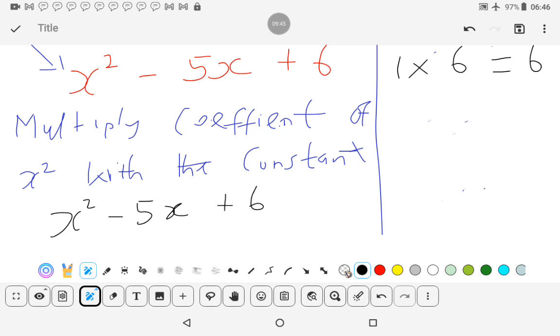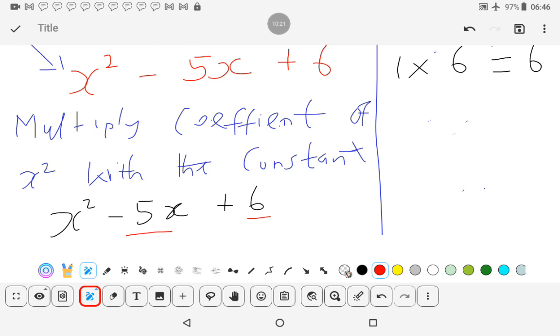So now let's find two numbers that, when you add them, will give you minus 5x, and when you multiply them, will give you plus 6. Take note of the sign, it will give you minus 5x. And when you multiply these two numbers, it will give you plus 6.